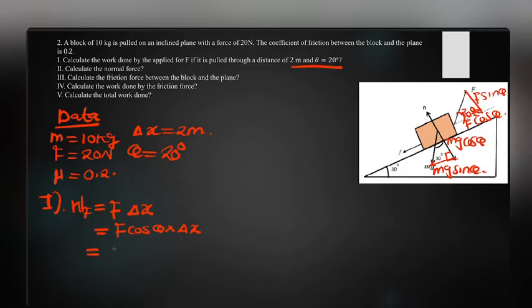The force being applied is 20 newtons, at an angle of 20 degrees. Then we multiply this by the change in displacement, which is 2 meters there. So we have to punch on our calculator again.